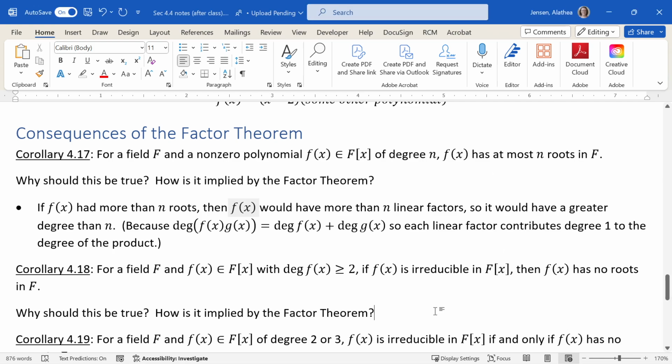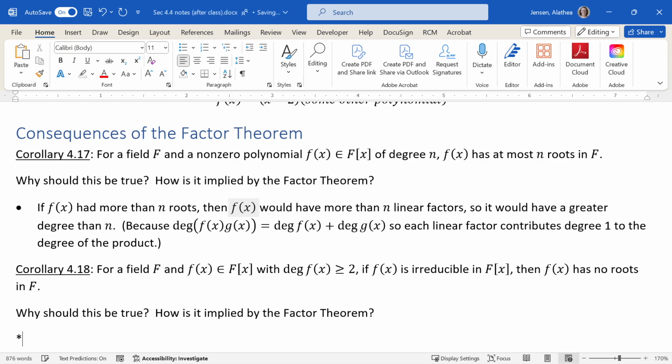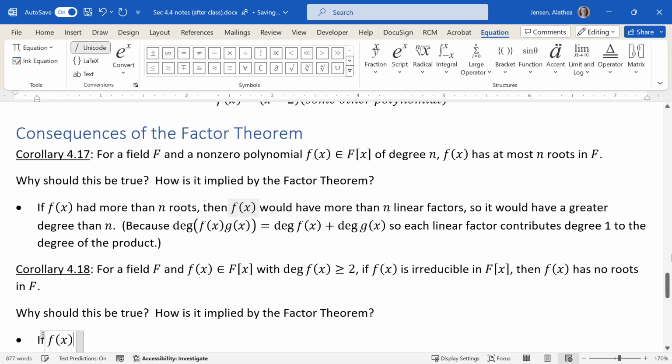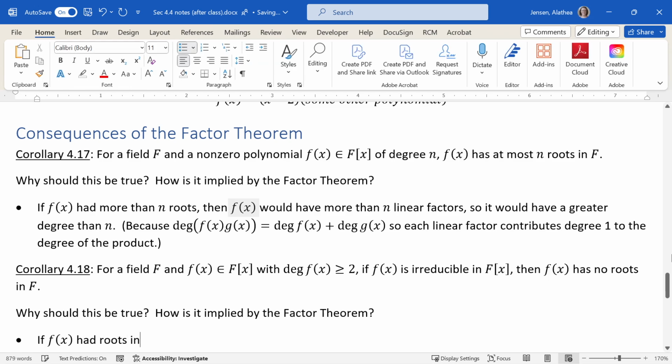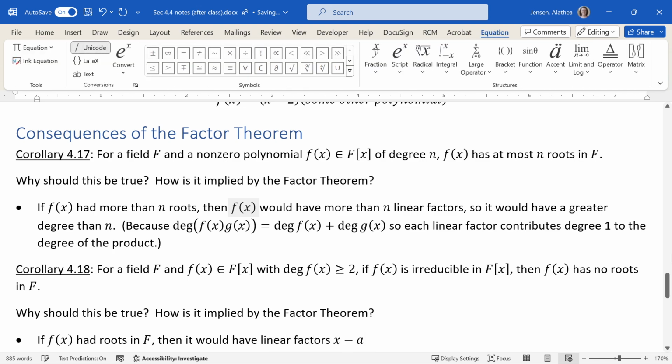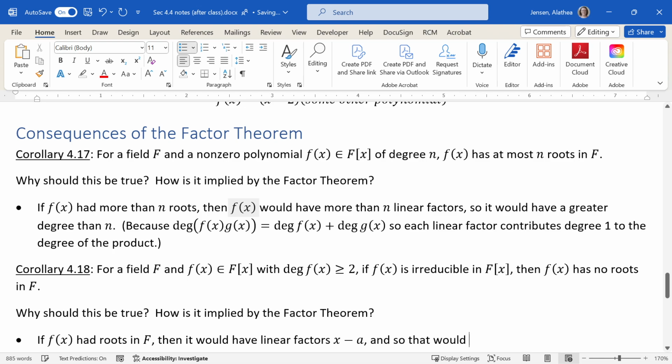Okay, so assuming you paused, this is another one where I think you can explain it more easily if you tackle the contrapositive version, which would be if f of x does have roots in F, then f of x would be reducible in F bracket x. And that's pretty obviously true, right? If f of x had roots in F, then it would have linear factors, and so that would make it reducible.